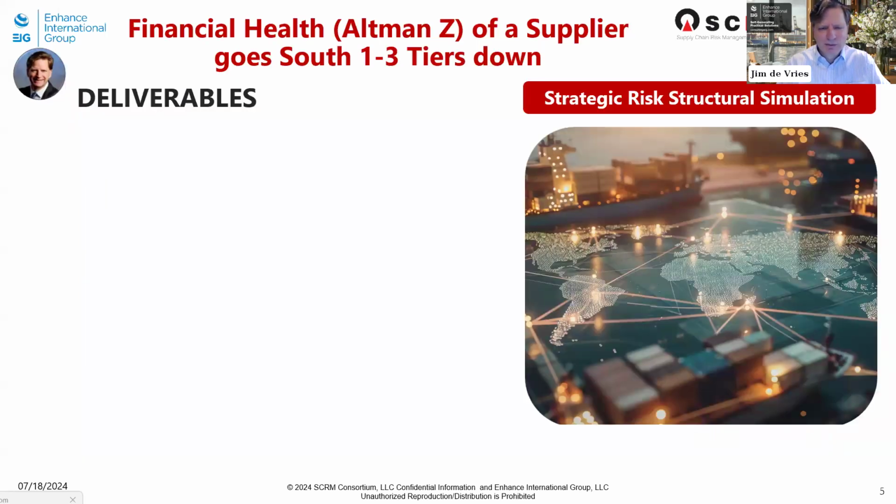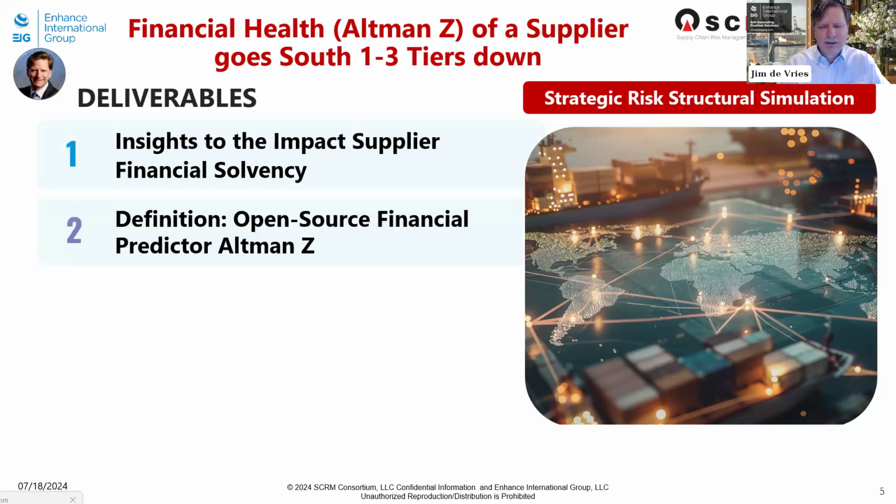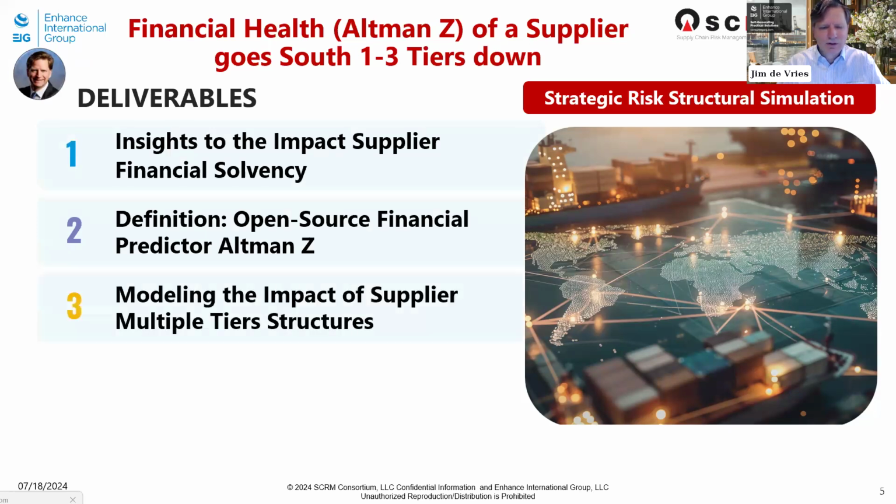So with that, the deliverables today are number one, our insights to the impact of supplier financial solvency. Then we'll get into the definition of the Altman Z, which is a very good predictor of financial health for companies. And then Chris will bring us through the modeling of using his supplier structural simulation model.